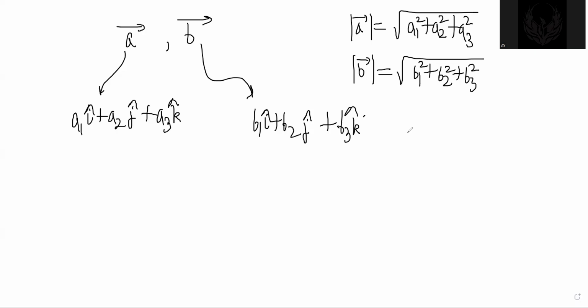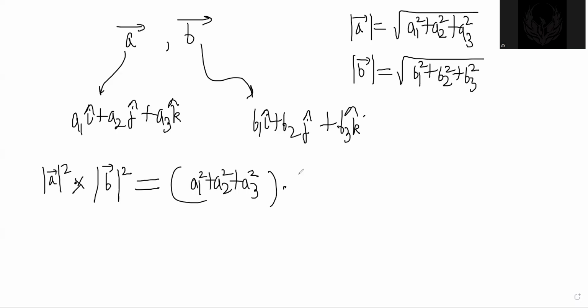So if I do mod of A square into mod of B square, that is going to be equal to the product A1 square plus A2 square plus A3 square times B1 square plus B2 square plus B3 square. So this is what you got at the left-hand side of Cauchy's inequality.